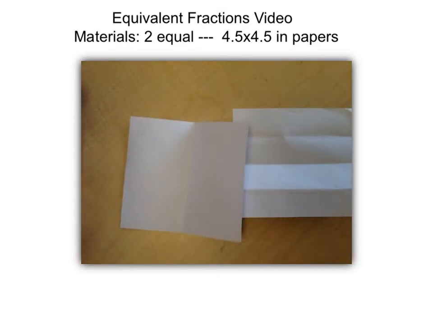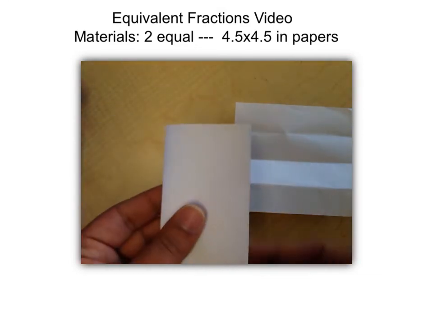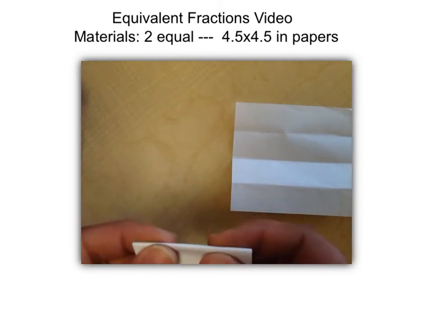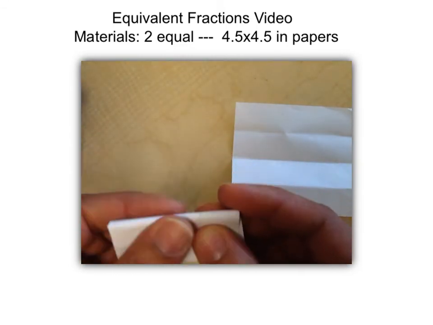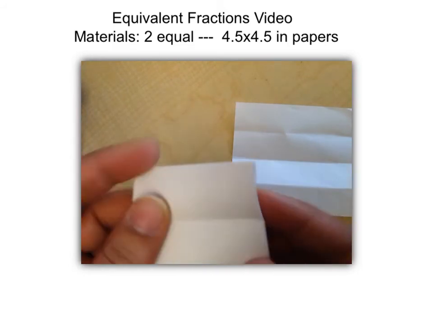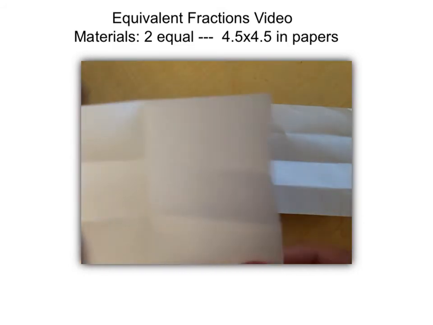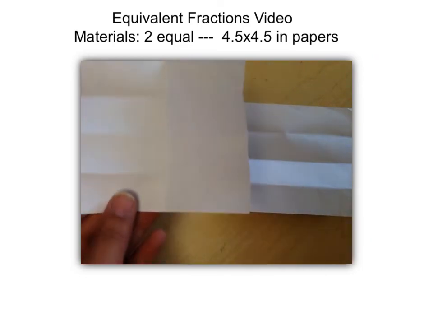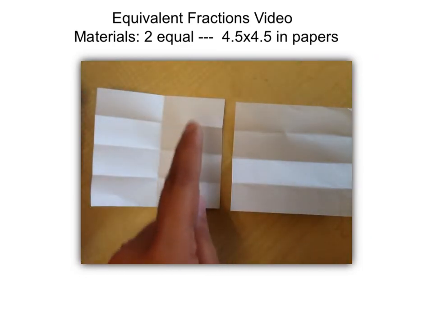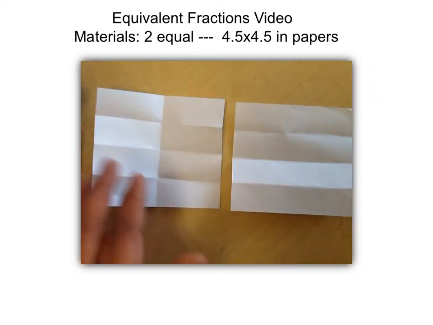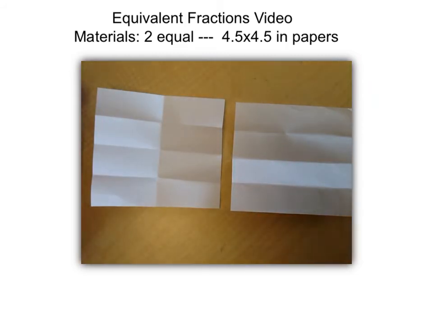I'm going to fold so that I have a half this way and another. I have now created eighths. I should have 8 pieces. Okay, so I have 1, 2, 3, 4, 5, 6, 7, 8. 8 eighths all together, making one whole.